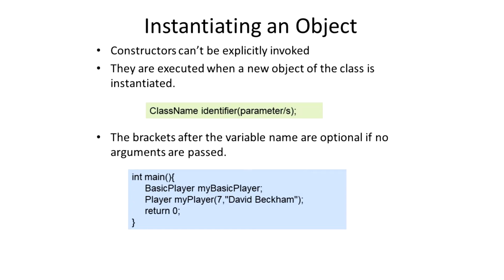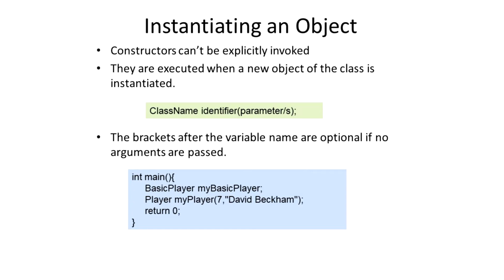So here we've got basic player as the class name, and then my basic player as the object name, the identifier. I hope you see the similarity between that and, say, int number or string name, where you have the type and then the identifier. And then you'll notice in the second line we've got player, which is the class type, and then my player, which is the object name.